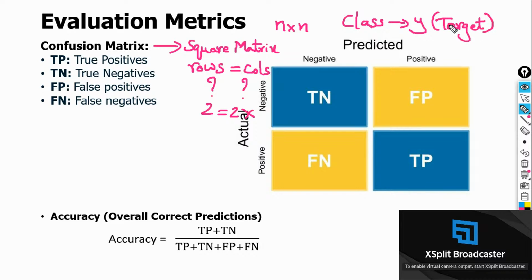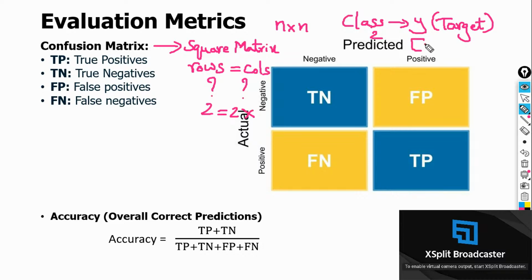Okay, I understood, Akhil. If I have two classes... what is a class? Friends, we should be aware of all these terminologies. If you have two classes, that means you have two categories under your Y column.